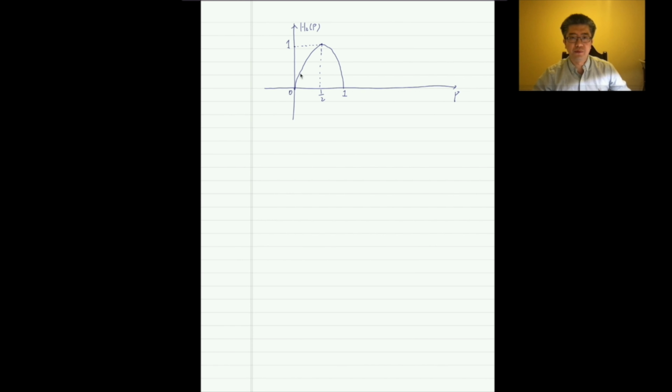If p takes any other value, then the entropy would be less than 1 bit. In other words, we can use less than 1 bit to represent this source. We don't always need to use 1 bit to represent the source, although it only takes 2 values.